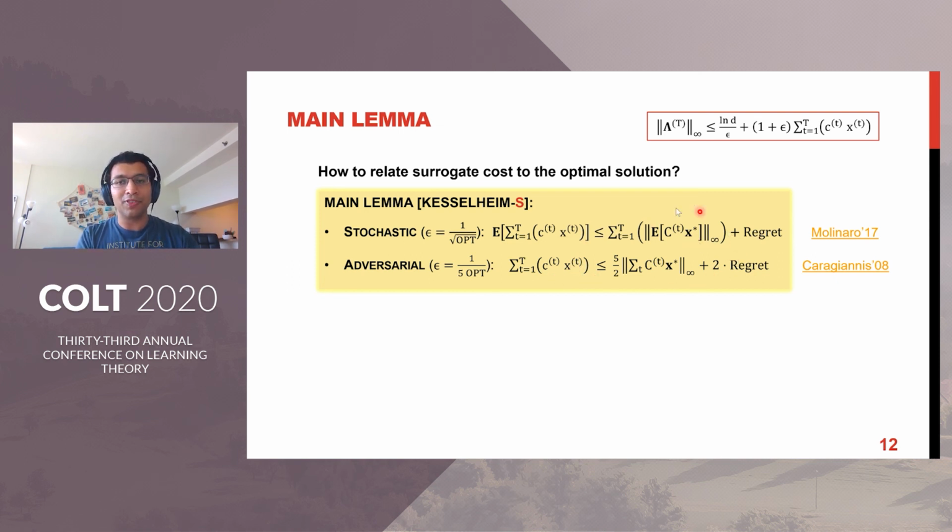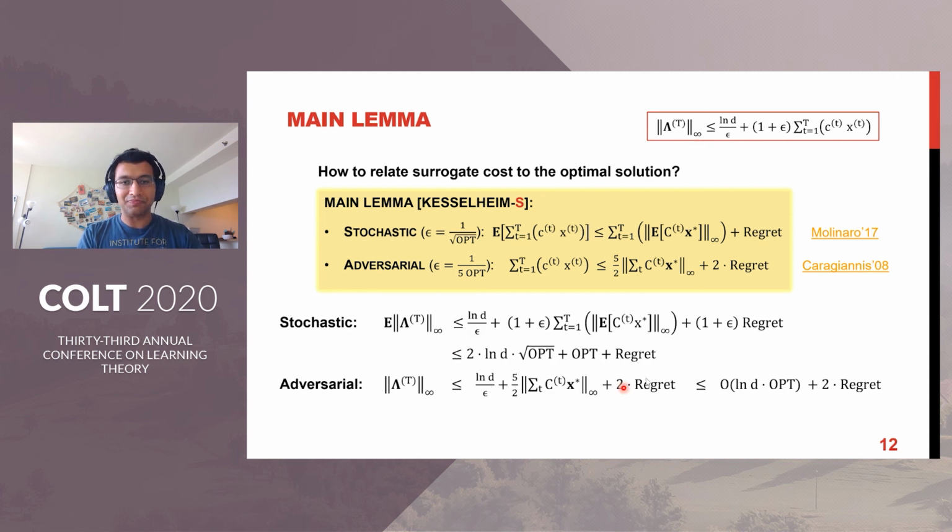I won't go into the proof of this lemma, but crucially, they rely on some non-trivial inequalities. In particular, in the stochastic case, we use some inequalities by Molinaro, and in the adversarial case by Karyanis. Both of them were originally designed in the online algorithms community, but we are able to apply them even for online learning problems. Once we have these inequalities, we just feed them into this bound for the load, and we're done.